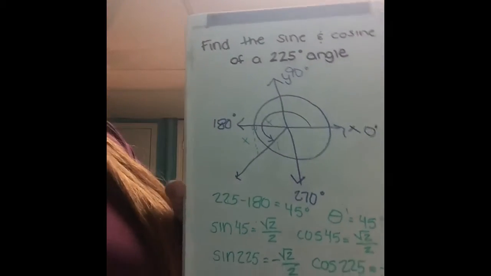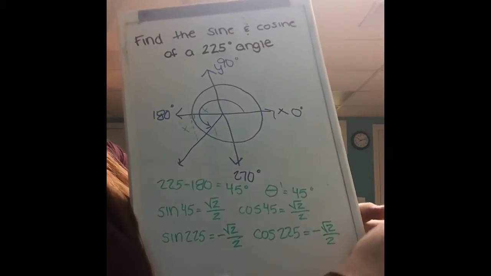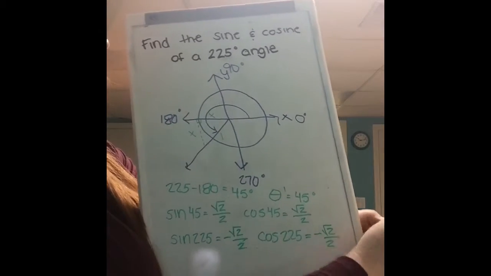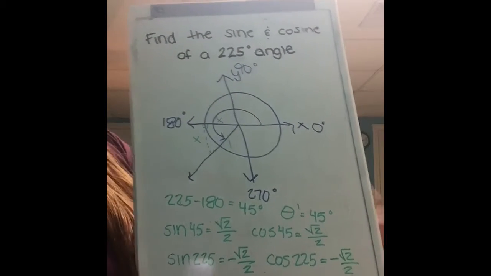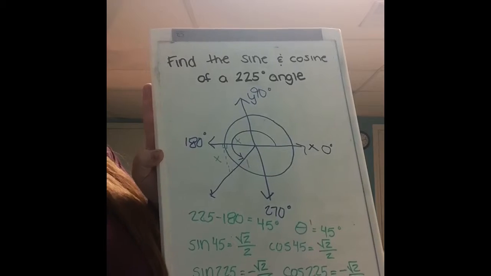So, using your reference angles makes it 10 times easier to find angles with bigger numbers than just 0 to 90.